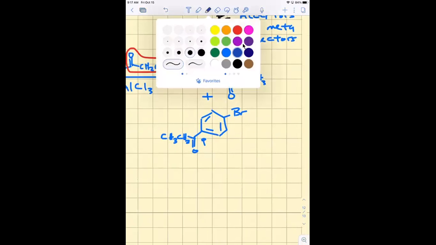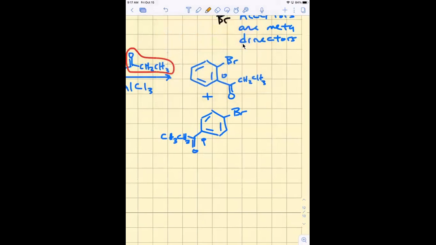So the ortho product is a little bit less favored because of the proximity of those groups. So normally your para product would be major.